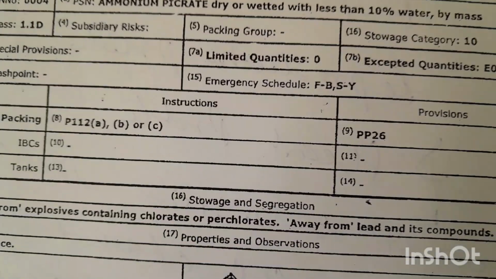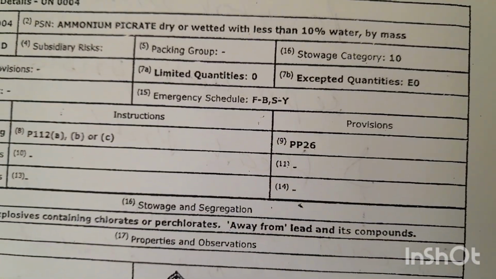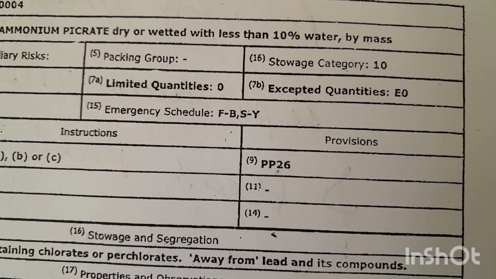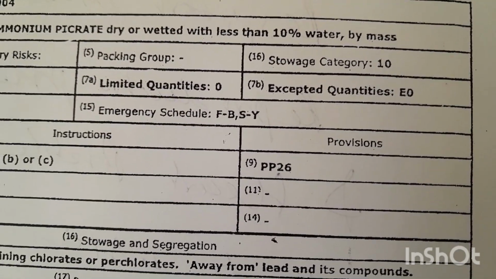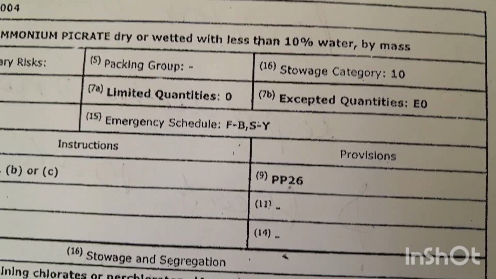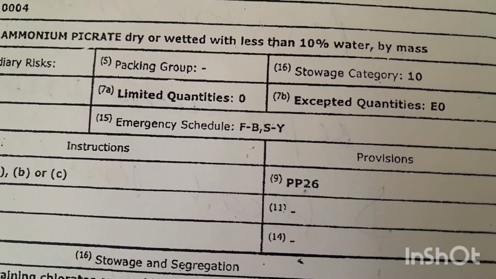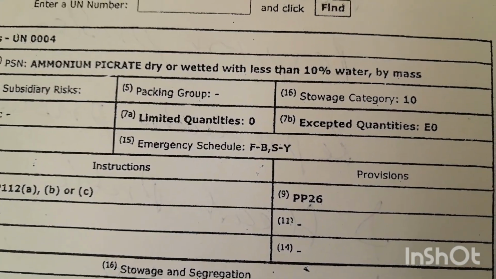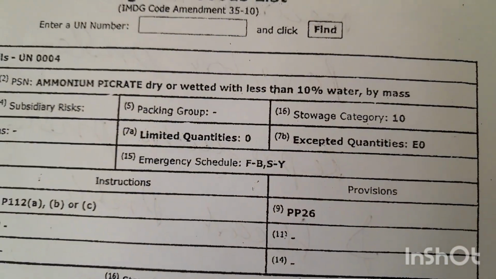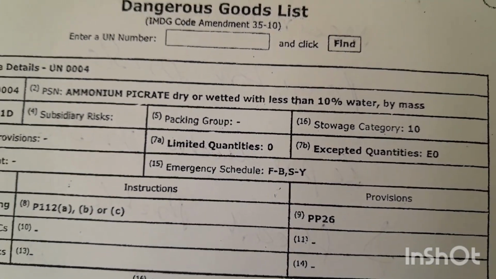Emergency schedule, column 15. You can see here just below column number 7, it says emergency schedule FBSY. In case of fire, you have to refer to fire schedule B, and in case of spillage or leakage, you have to refer to schedule SY of the spillage.